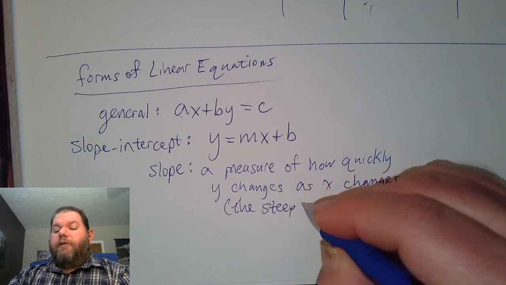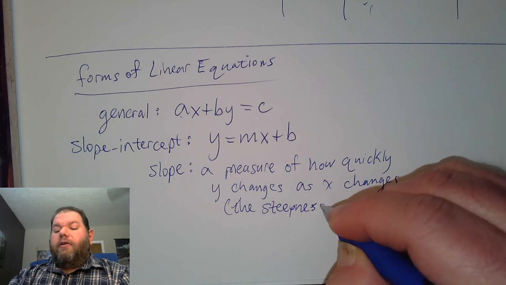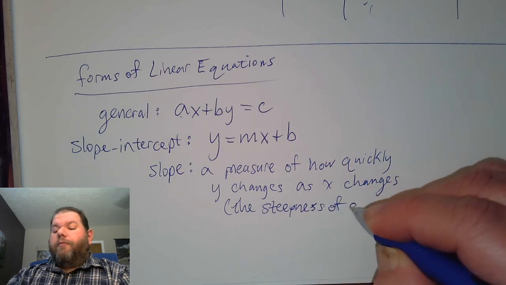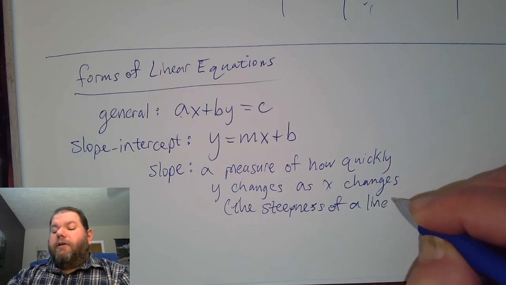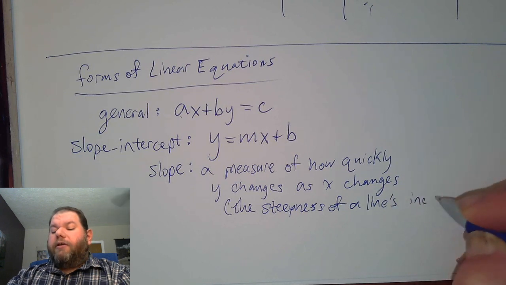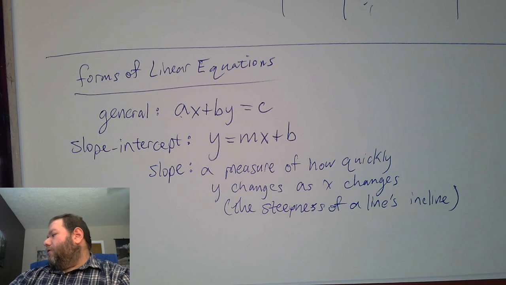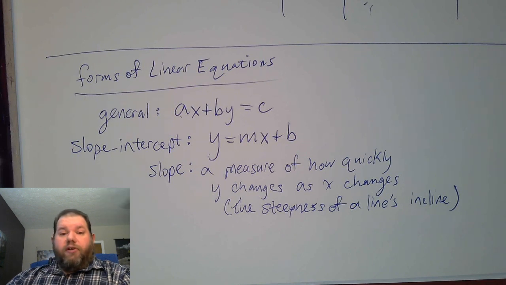So we can say it's the steepness of a line's incline. Or essentially how steep a line is. What angle it makes as it changes.